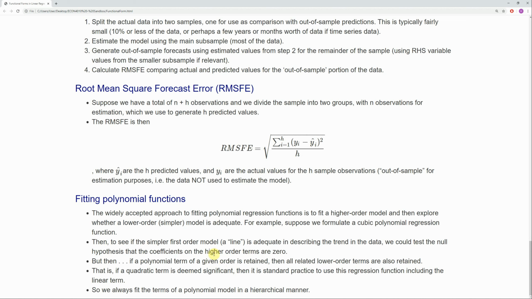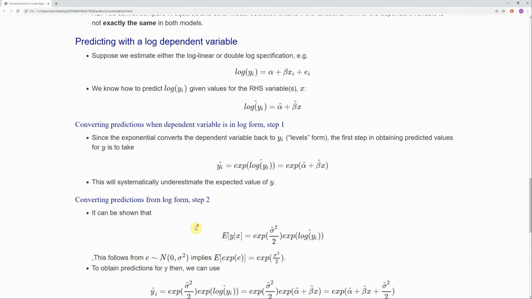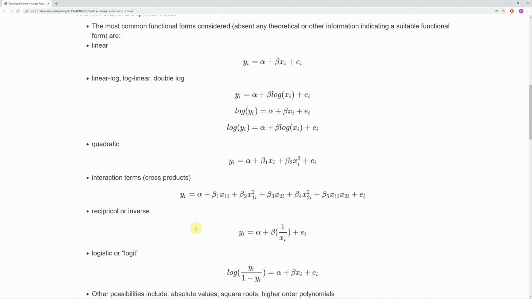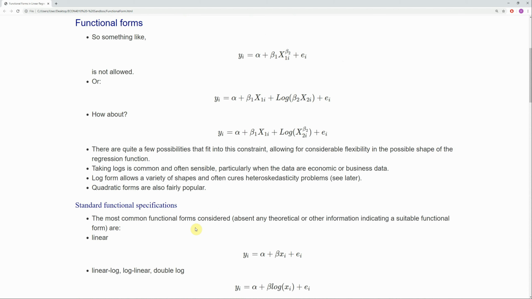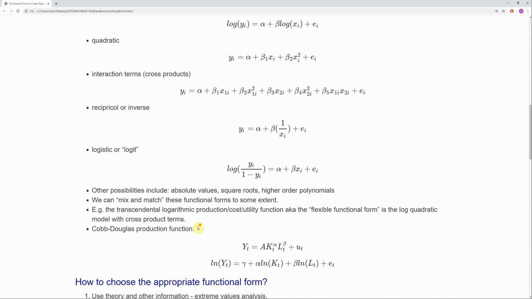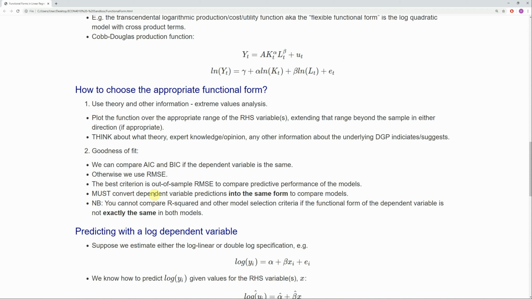Before finishing this part of our course, the functional forms in linear regression, by talking about fitting polynomial functions, we have another example that we want to talk about. You remember that we said how can we figure out what type of functional forms we need to use. One of the items that we talked about was theory, or thinking intuitively what you're dealing with.